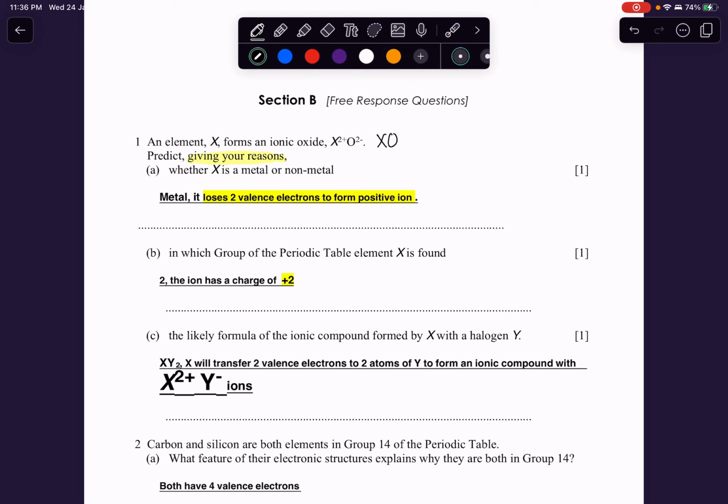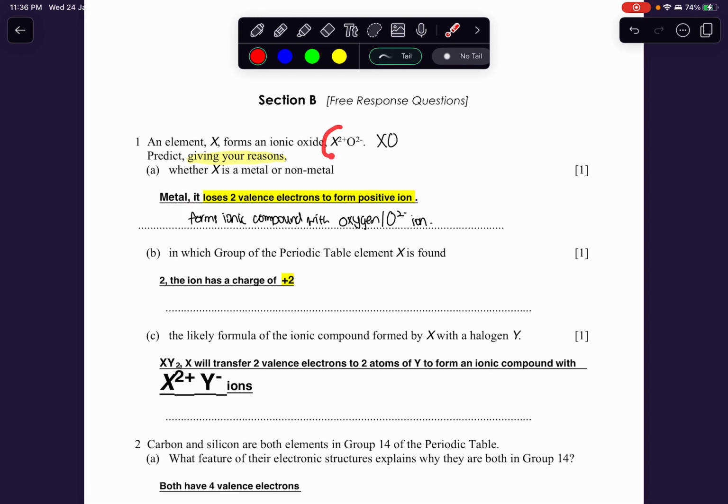Alternative answers: you can say that it forms an ionic compound, or forms an ionic compound with oxygen or with oxide ion. The O2- ion also works. But how do you tell it's a metal?